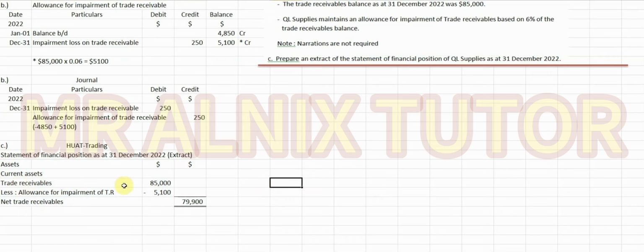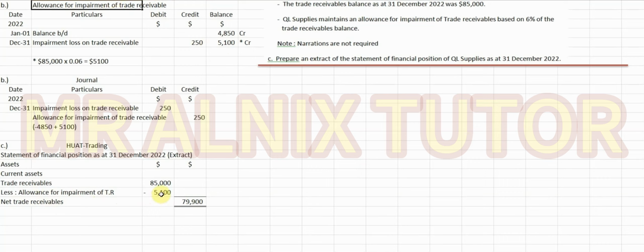Now the trade receivable given at the end of 31st December 2022, right? This is the one given in the question just now, just fill in the blank. Then how much for your allowance at the end? 5,100. Where do you get it? I just copy from what I prepared just now under the allowance account.